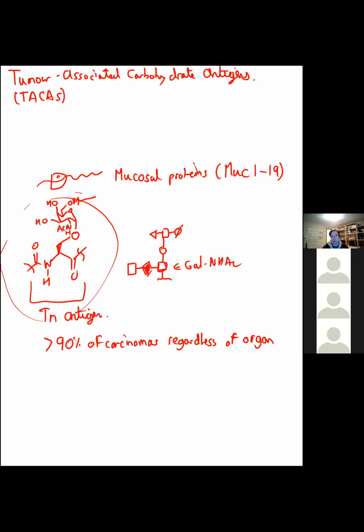We lose function of the glycosyltransferases that add more sugars to this, and we end up with this bare, naked TN antigen on the surface. This is associated with cancer, might help the cell evade the immune system. There's a lot of talk about how this helps the cells invade new tissue, this helps the cells metastasize.